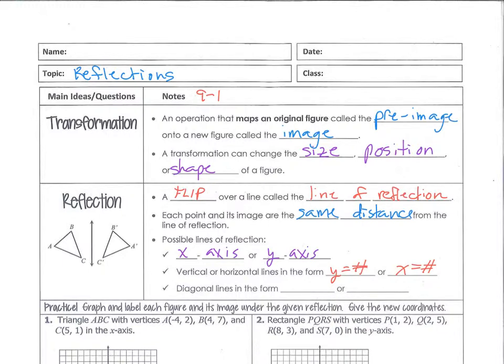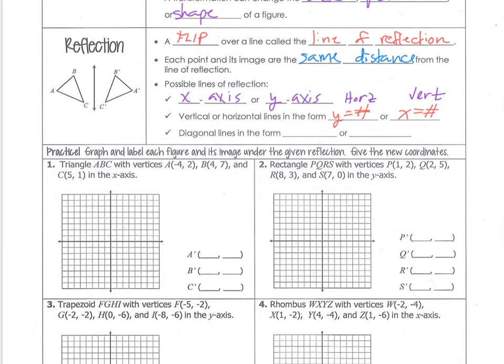By the way, y equals a number is your horizontal, and x equals a number is your vertical. And then we could also have diagonal lines in the form of, and these are the harder ones for you, y equals x or y equals negative x. But I'm going to give you an easy way to figure those ones out.